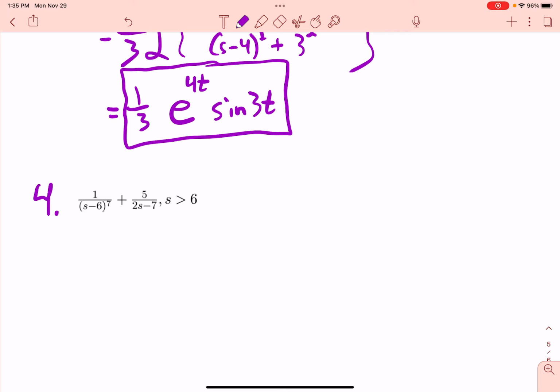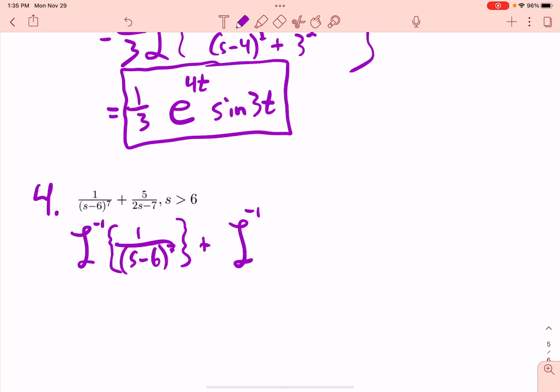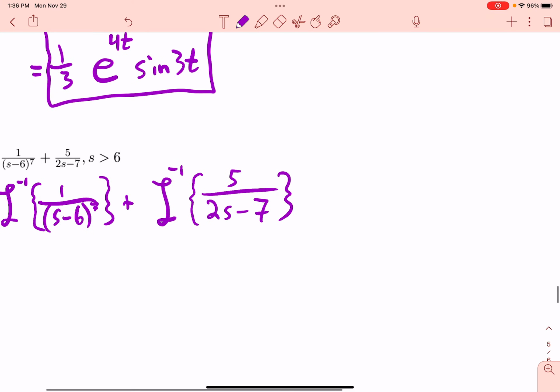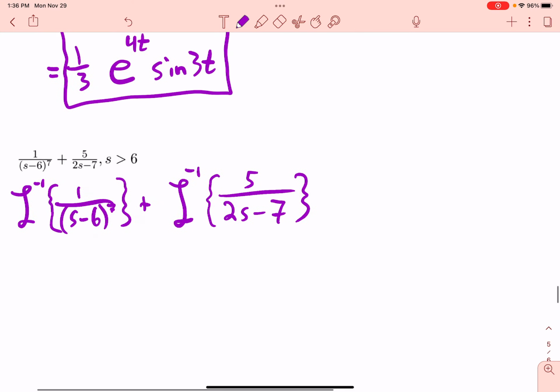Okay, so let's go ahead and work our way through this. This is the inverse Laplace transform, and I'm just going to go ahead and split this up already: the inverse Laplace of 1 over (s minus 6) to the 7 power, plus the inverse Laplace of 5 over (2s minus 7). And the whole thing has this restriction s greater than 6.